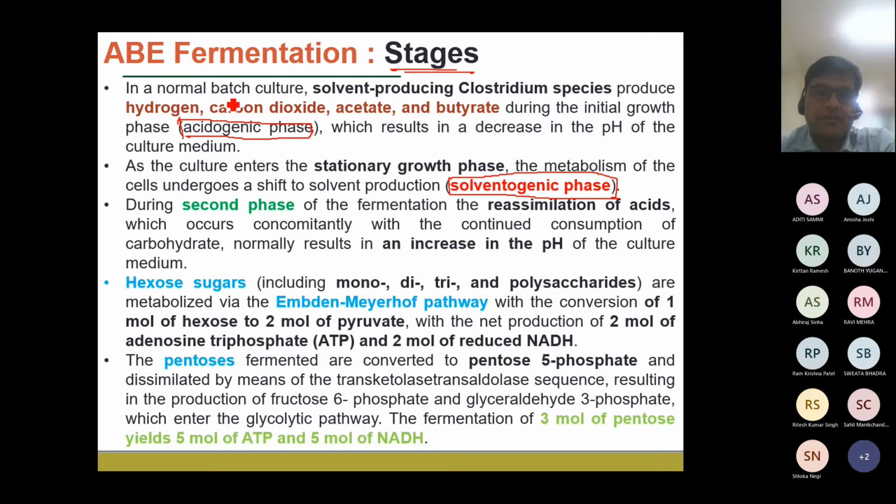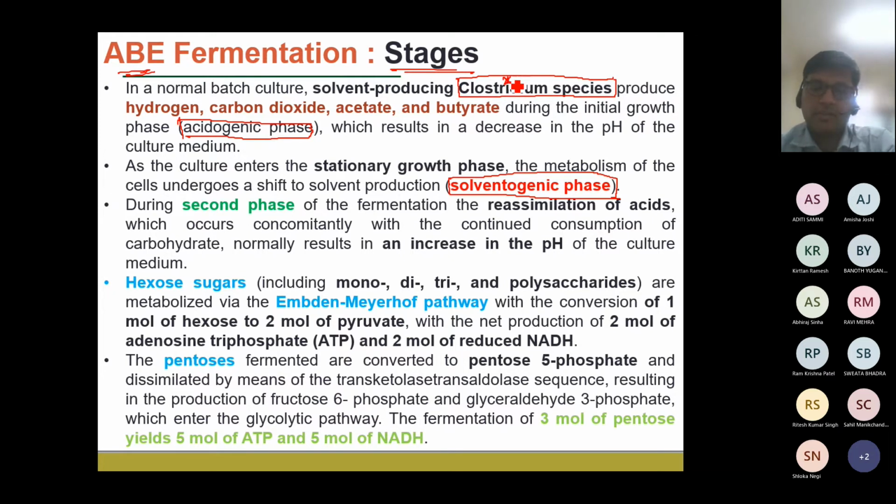First of all, let us see what are the microorganisms that are being used. Most of the microorganisms used in the AB fermentation are Clostridium species.